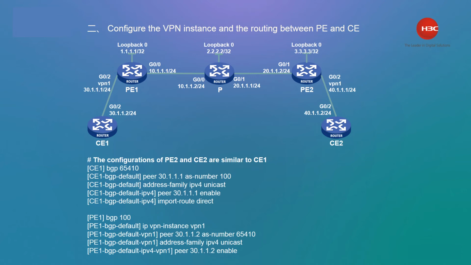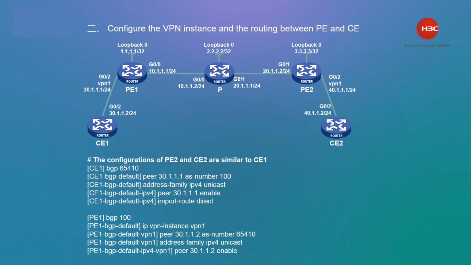Configure CE as the eBGP peer on PE. For PE, the peer belongs to the VPN instance VPN1, so you need to enter the VPN instance via the BGP process before configuring it. After PE learns VPN routing information from CE, it stores it in the routing table of the corresponding VPN instance.